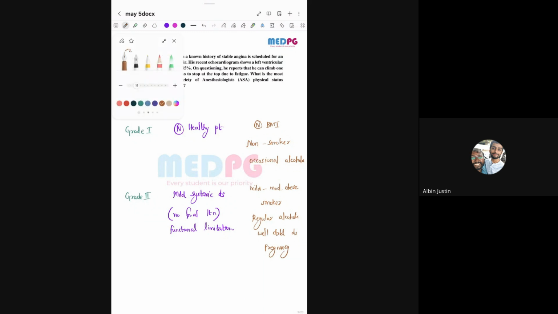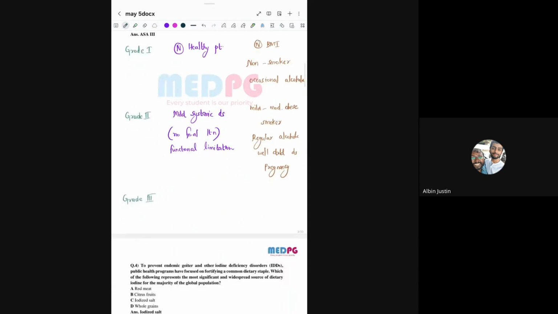And then you have grade 3, with severe systemic disease. One time they asked something about moderate systemic disease. This option was given, and kindly remember there is nothing in ASA as moderate systemic disease.